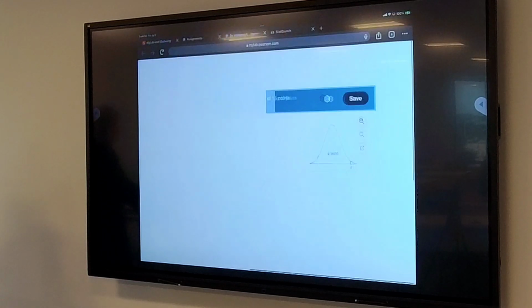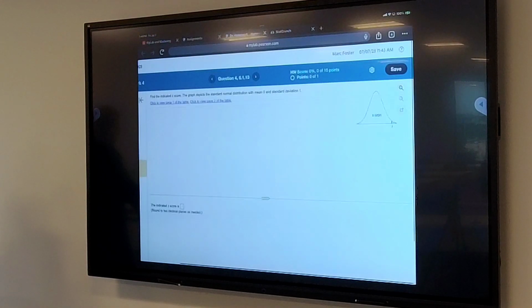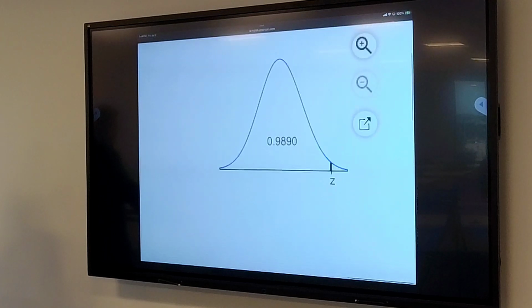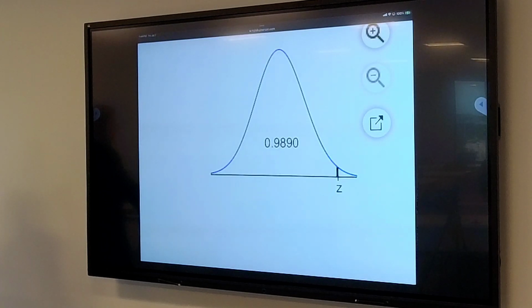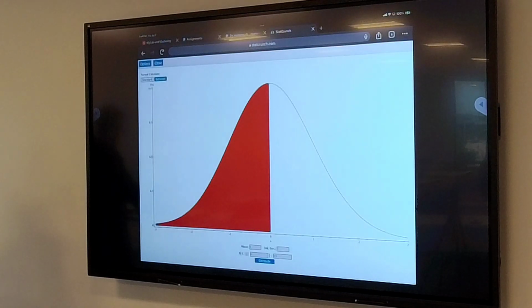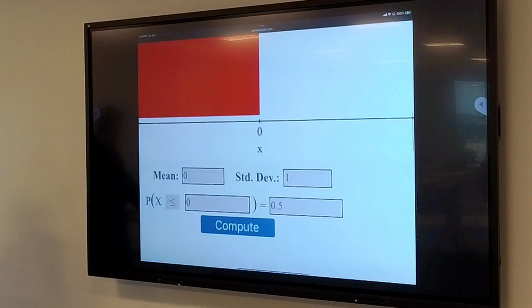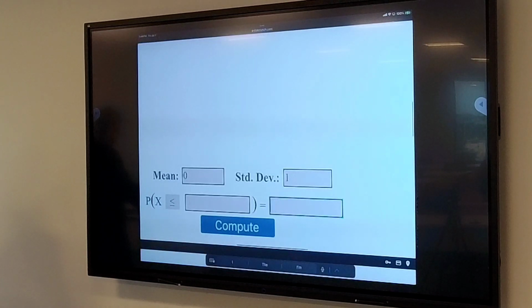Okay, Regina, on number 4, they're asking us for the z-score that corresponds to this area. They've given us the area, and we need to find the z-score. So I would come into my area box and specify that area.